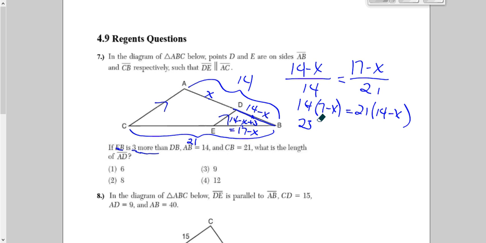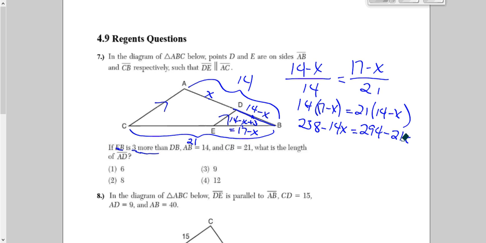238 minus 14x equals 294 minus 21x. Isn't it 17? Yeah, 17 times 14 is 238.